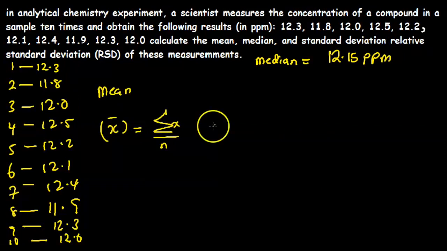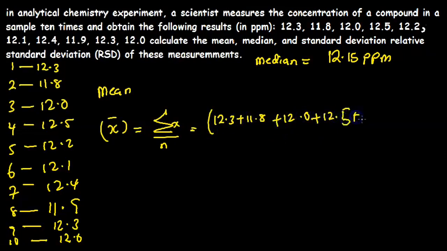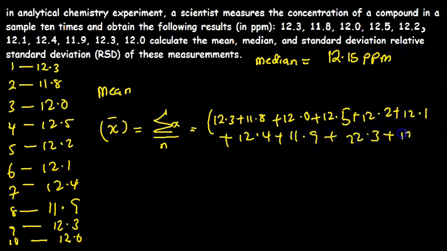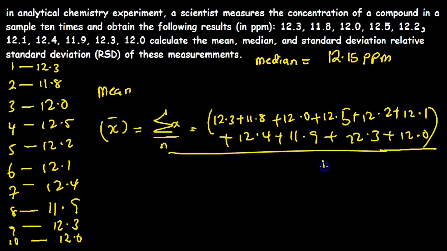So this is simply going to be the bracket of 12.3 plus 11.8 plus 12.0 plus 12.5 plus 12.2 plus 12.1 plus 12.4 plus 11.9 plus 12.3 plus 12.0, divided by our total number, which is 10.